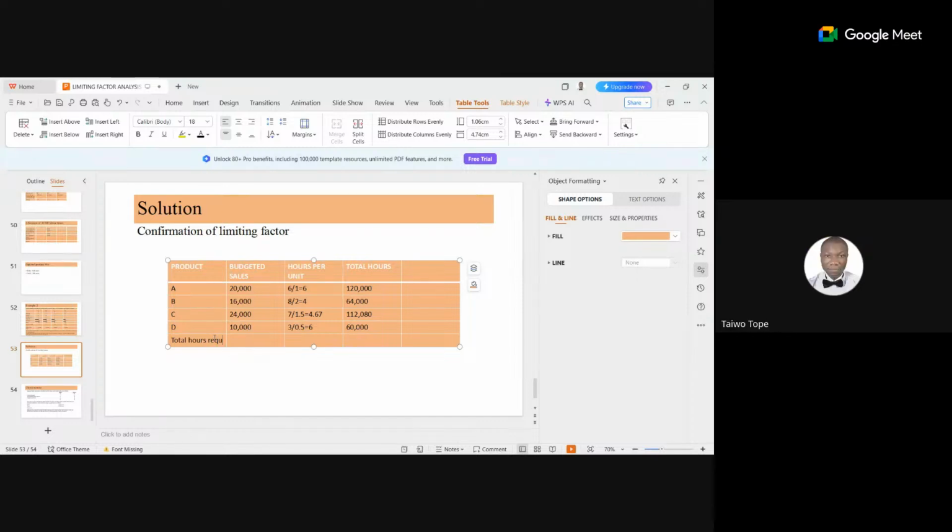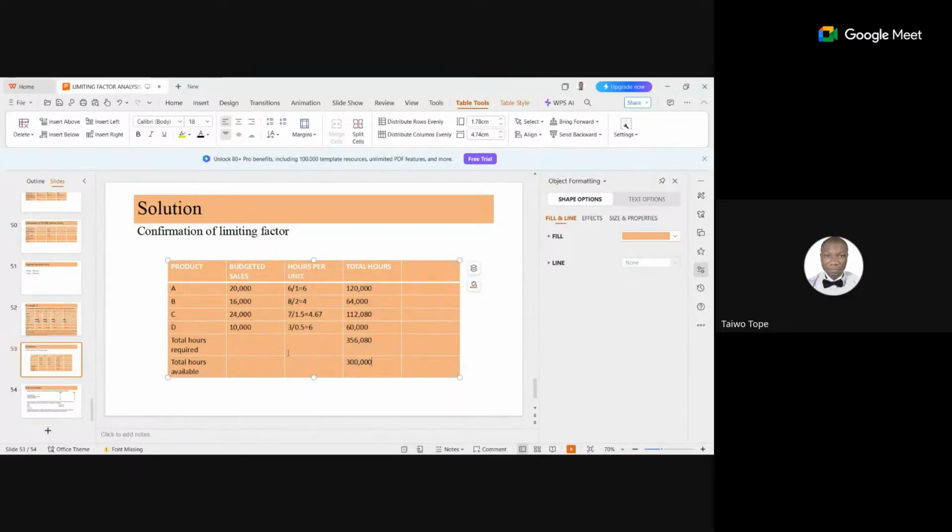Total hours required, 356,080. And the total hours available is what? In the question, 300,000 hours. Total hours available, 300,000.